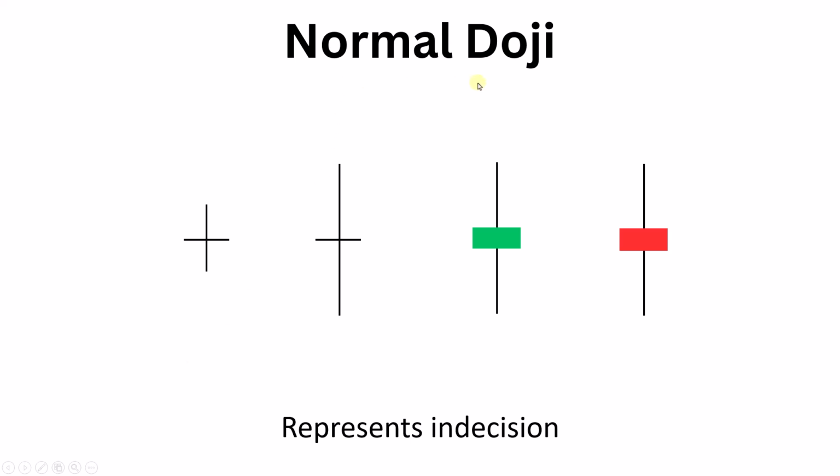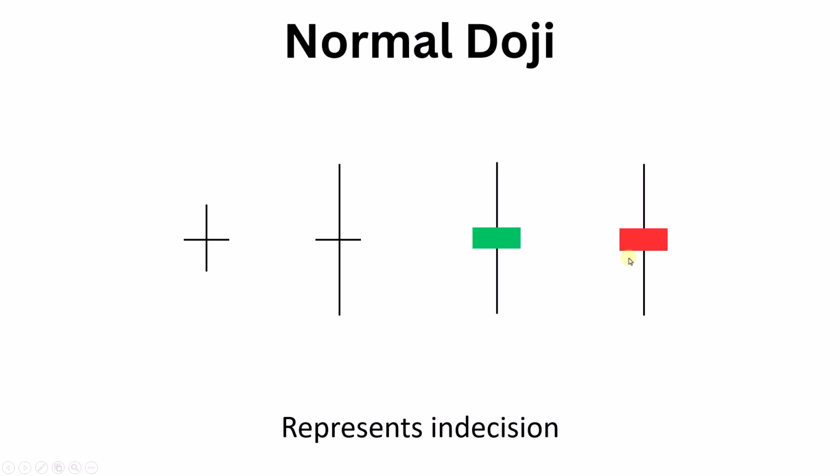Alright. Starting with the first one, which is the normal doji. Now here, these two are the perfect dojis because you don't have a body here. The opening price and the closing price are the same. But these two are also considered dojis because we have wicks of the same length on both sides, along with a small body.